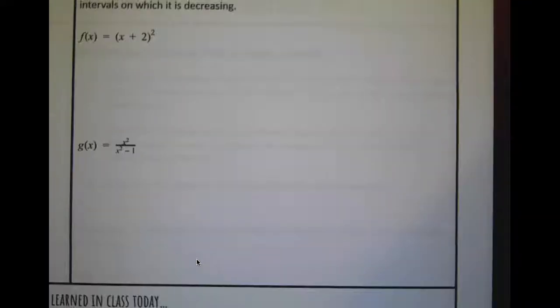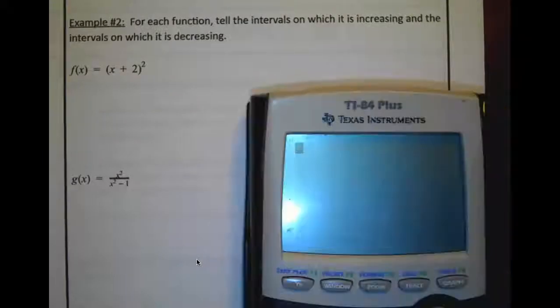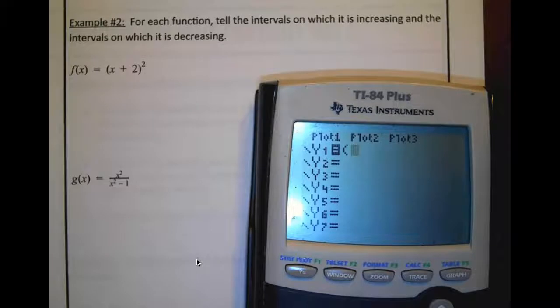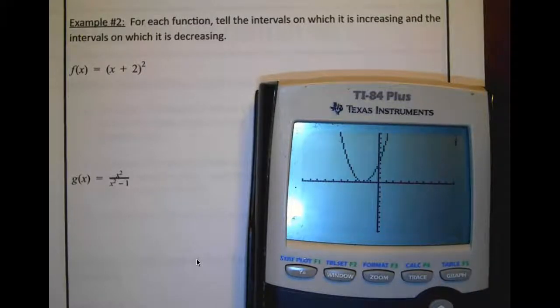All right, for each function, tell the intervals on which it is increasing and the intervals on which it is decreasing. Okay, so let's graph this. So I've got x plus 2 squared. So there's my graph.